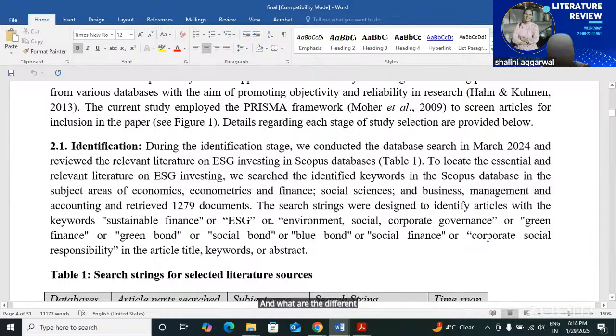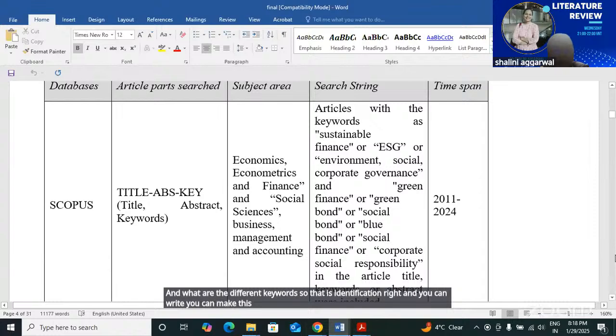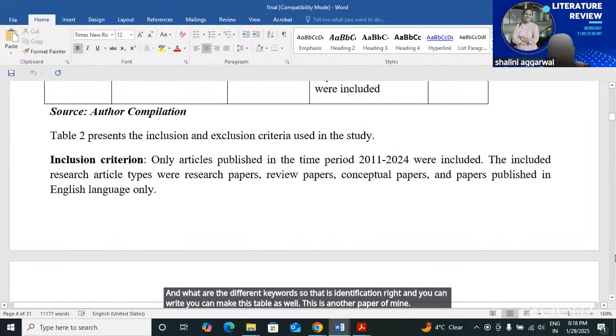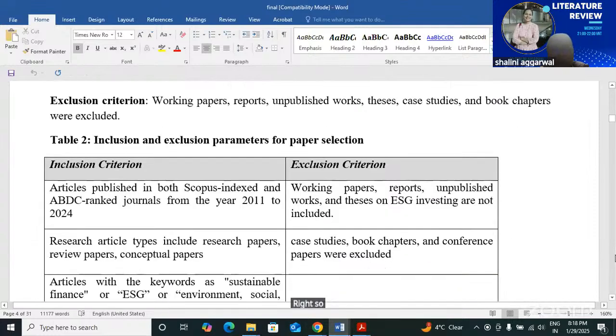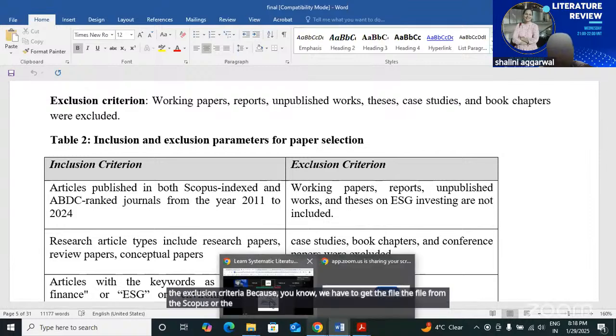So that is identification, right? And you can make this table as well. This is another paper of mine, right? So inclusion exclusion criteria. What is the inclusion criteria? What is the exclusion criteria? Because we have to get the file from the Scopus or the Web of Science.